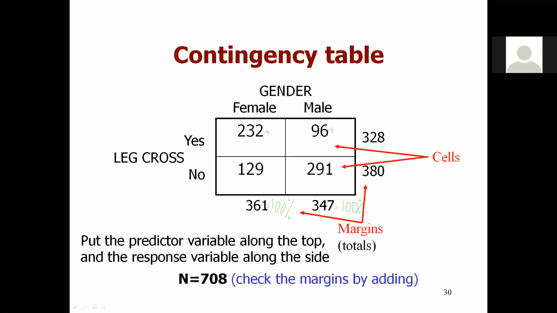Sorry, I may have to redo my math. I initially did 387. I was adding 291 to 96, but I didn't realize I should do 96 divided by 347. So I got to redo that. Okay, not a problem. Anybody else who may have some percentages for us?